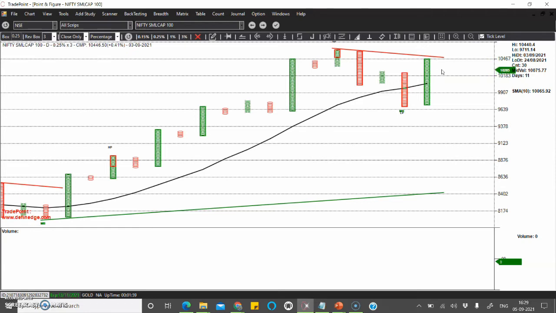If any correction is due over here, we need to see in the coming days. So overall you can see that large cap is going forward smoothly. There is no correction so far, and in midcap proper bullish formation has taken place, and in small cap there might be some near hindrance coming forward.